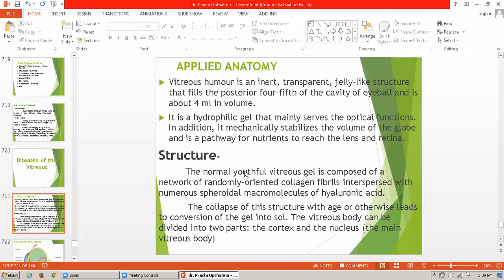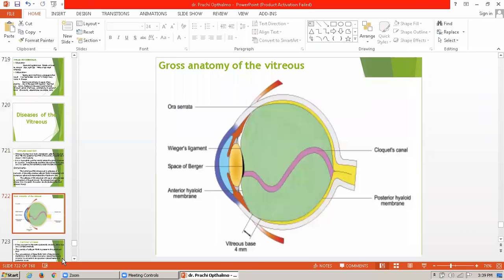The applied anatomy of the vitreous humor is that vitreous humor is an inert, transparent, jelly-like structure that fills the posterior four-fifths of the cavity of the eyeball and is about 4 ml in volume. When we see a diagram, this is a gross anatomy of the vitreous.